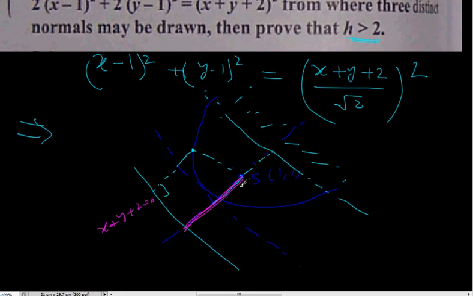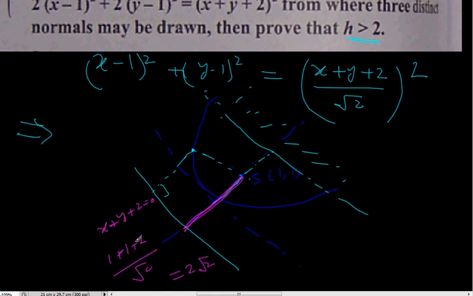If you find the normal distance from S to this line, it would be (1 + 1 + 2) by root 2. It means 2 root 2.